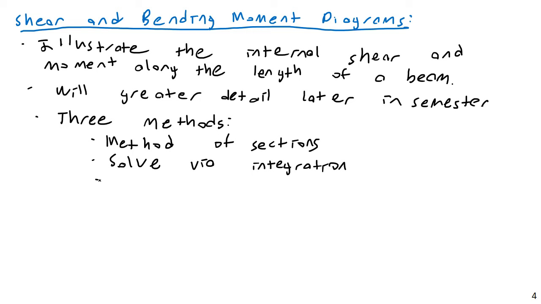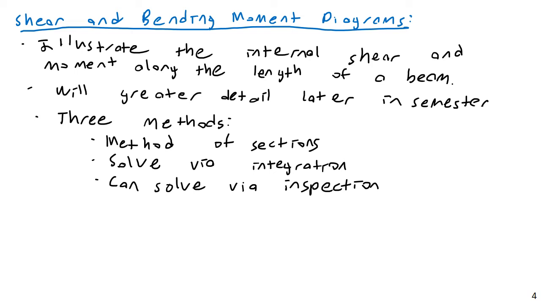You start with the distributed load, and then you solve for boundary conditions, that kind of thing. And then you can also use inspection, just applying some generic rules here. But if you need a review of that, please feel free to see my mechanics materials review on this site here.